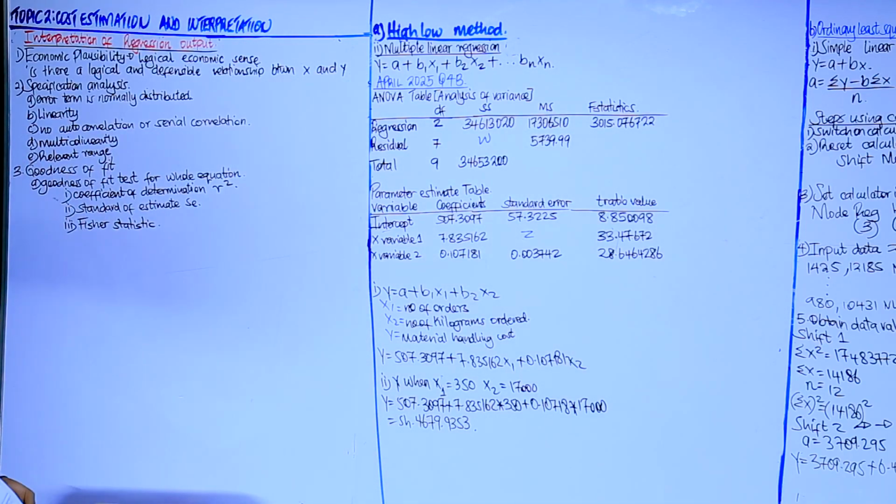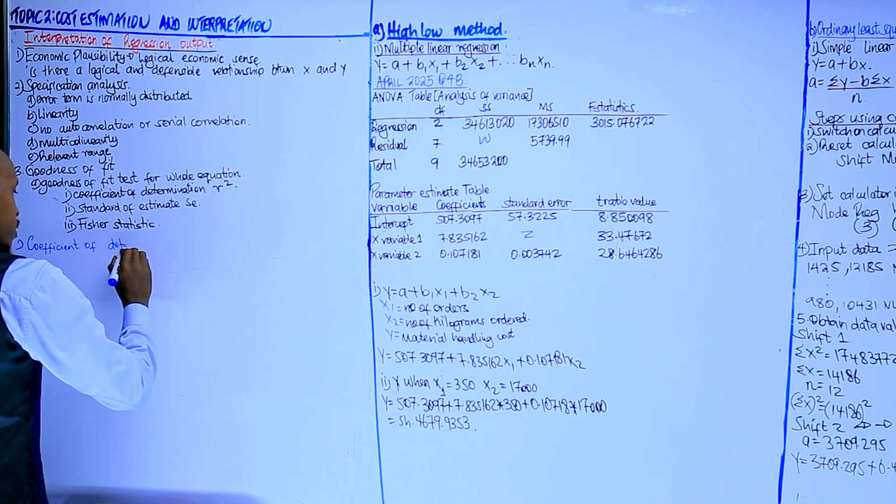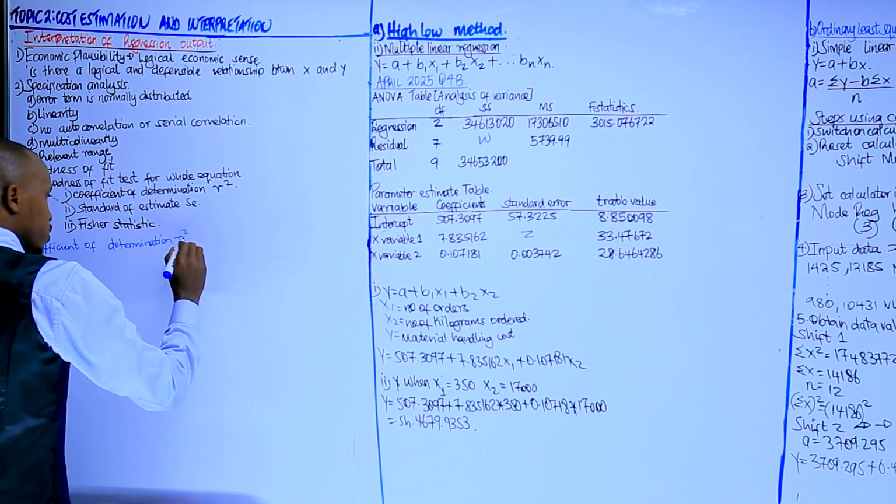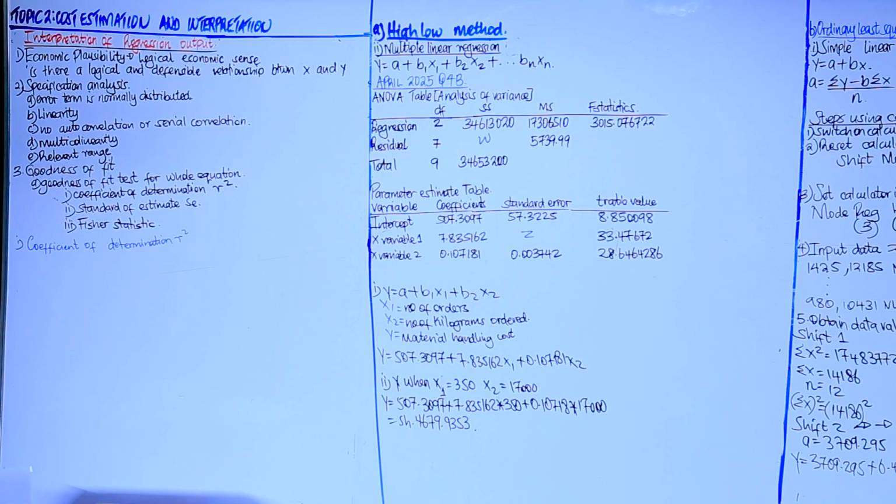Now, number one, coefficient of determination, R squared, simply explains or measures the extent to which the dependent variable is affected by the independent variables.